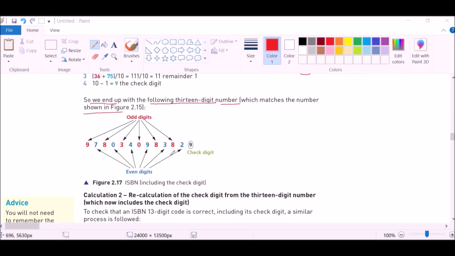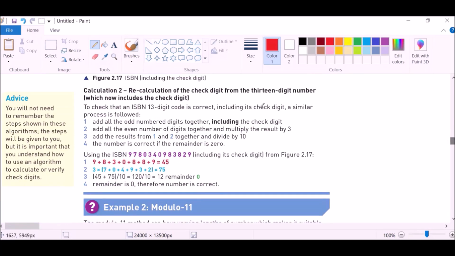So the first 12 digits are used to calculate the check digit. Now we go on to calculation 2, recalculating the check digit from the 13-digit number, which now includes the check digit. To check that the ISBN 13-digit code is correct, including its check digit, a similar process is followed.